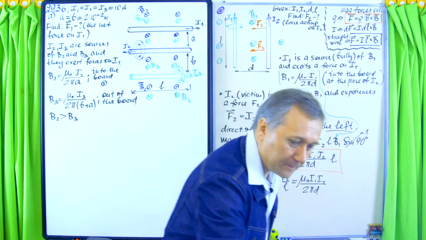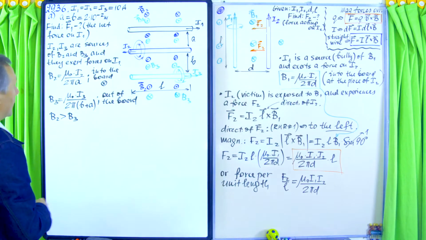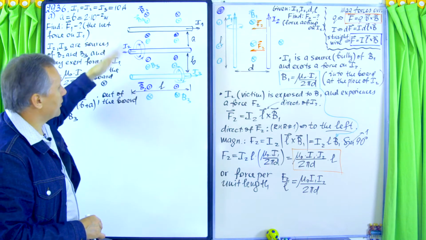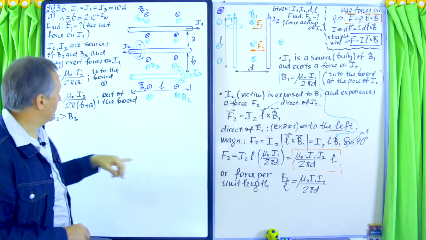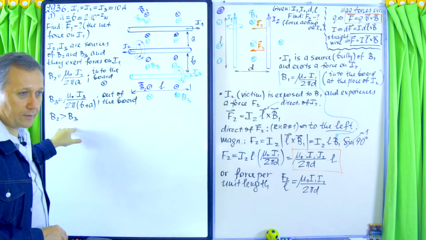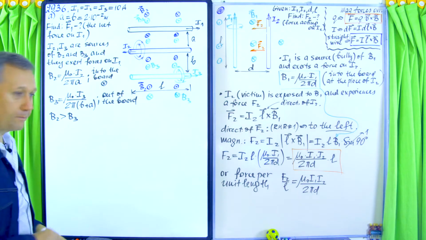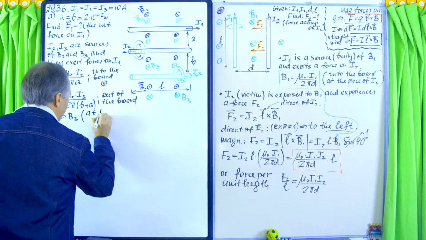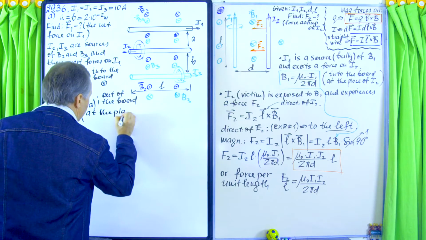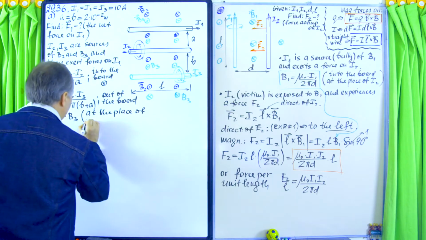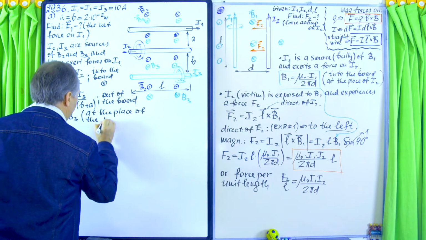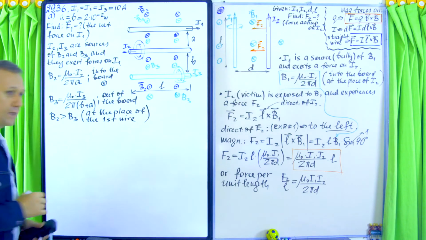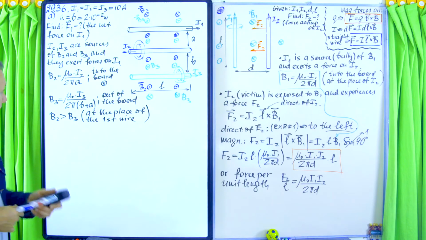At the place of this wire I1, but of course at different points, this is not going to be correct, right? So you have to be careful. So let me add this at the place of the first wire, right? At the place of the first wire.